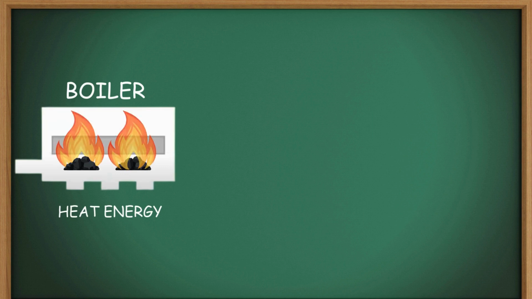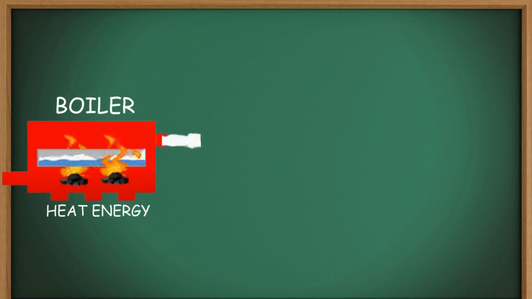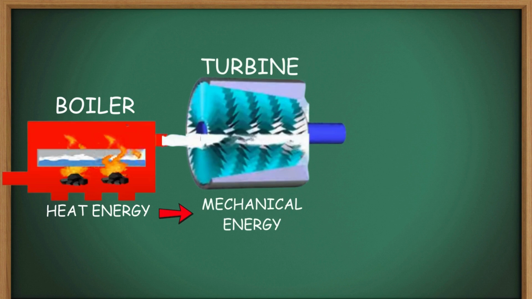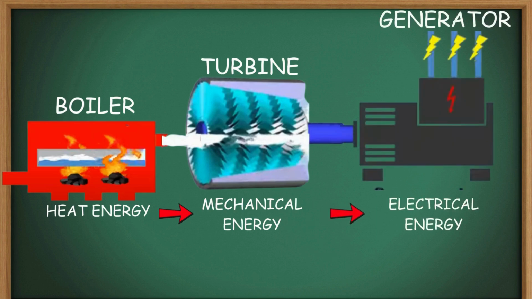Now the heat energy will transfer its energy to the water above it, making it into steam. And this steam will rotate the turbine, and that's mechanical energy right there. And this turbine will rotate a generator, which converts that energy into electrical energy.